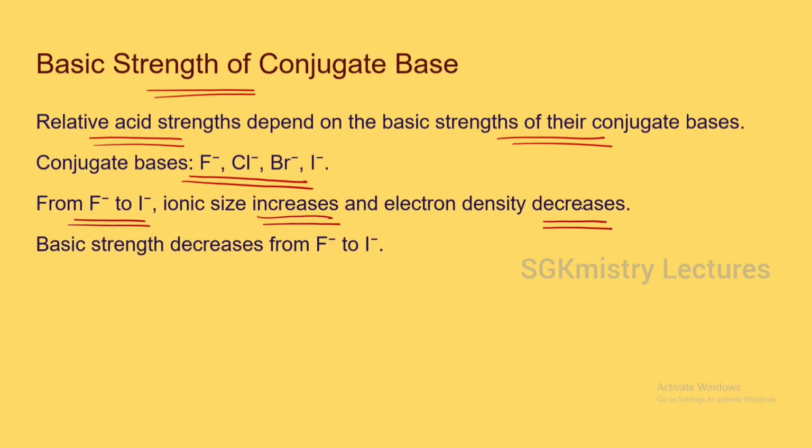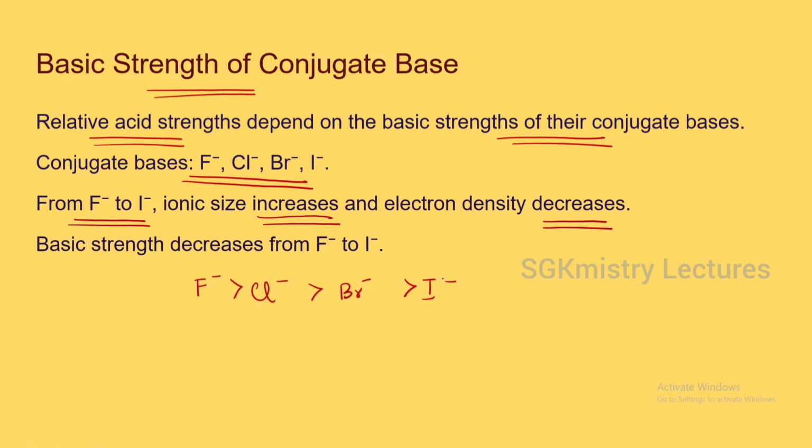So the basic character decreases from F minus to I minus. Based on this basic character, we can write the order F minus, Cl minus, Br minus, and I minus, mainly because of the change in ionic size, which increases from F minus to I minus, and the electron density goes on decreasing, because of which this is the basic strength observed.